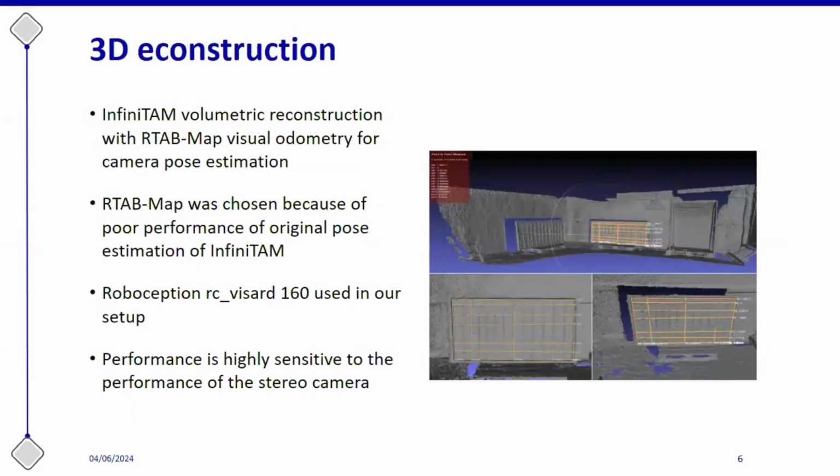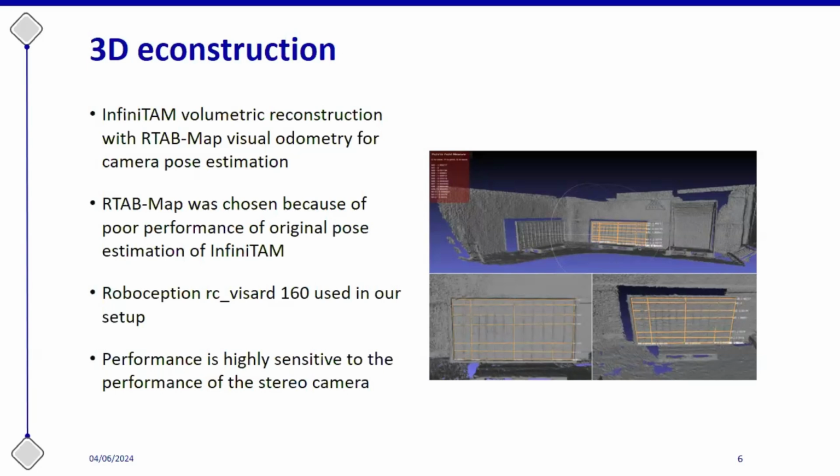The second part is the 3D reconstruction module. It is an InfiniTAM volumetric reconstruction module where we use RTAB-Map as a visual odometry module for the camera pose estimation.